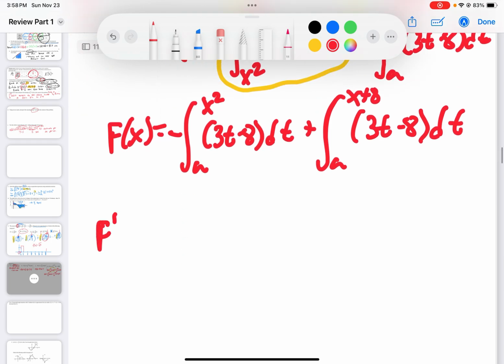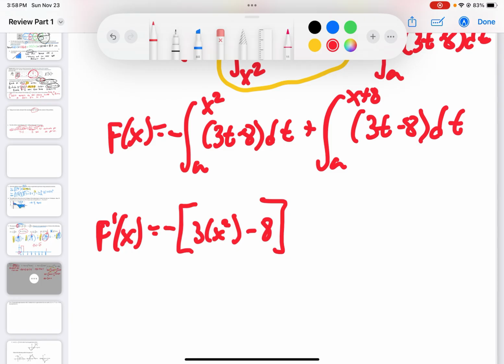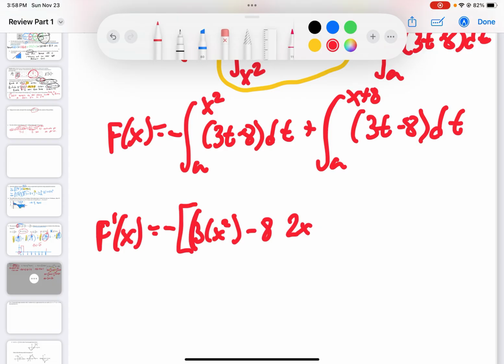Fundamental theorem of calculus, take the derivative of each one of them. This would be negative 3x squared minus 8, don't need those parentheses, but I put them there, times the chain, so times 2x. And this could even have been parentheses here with a bracket. That feels better to me.